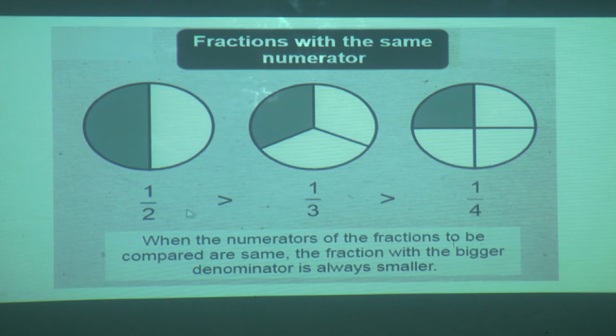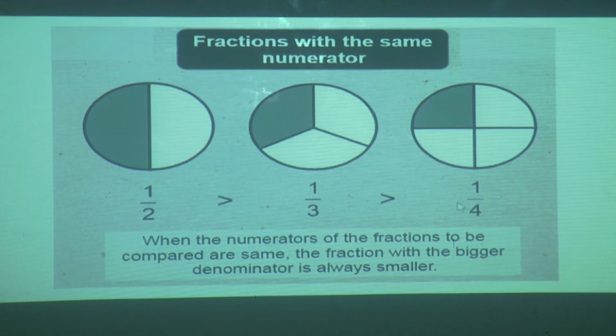So comparing the fractions here, 1/2 is greater than 1/3, and 1/3 is greater than 1/4. So when a comparison question comes and all the numerators are the same, you have to check the denominator.